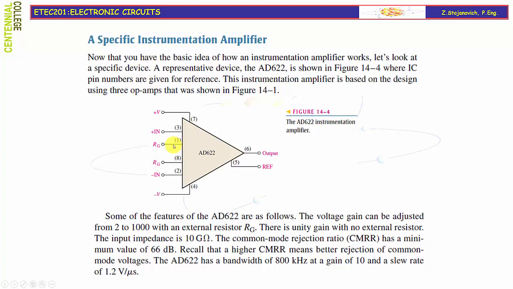The common mode rejection ratio, CMRR, has a minimum value of 66 dB. Recall that a higher CMRR means better rejection of common mode signals. The AD622 has a bandwidth of 800 kHz when the gain is set to 10, and the slew rate is 1.2 volts per microsecond.